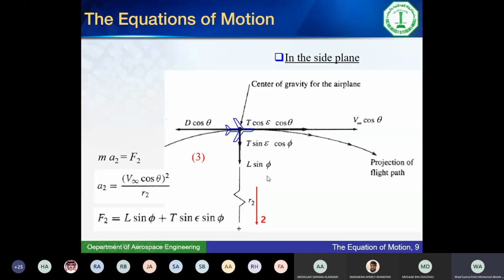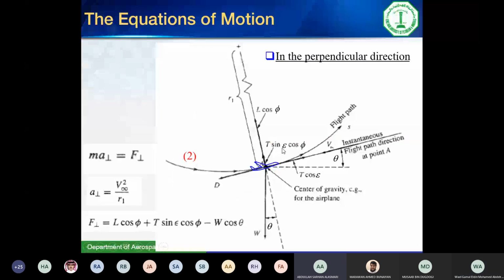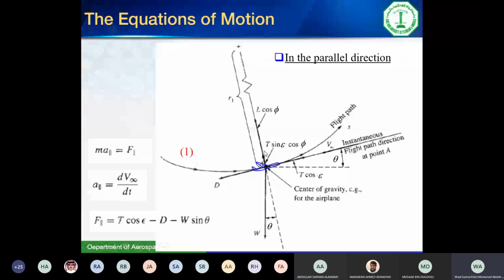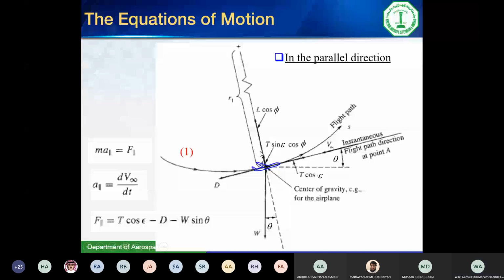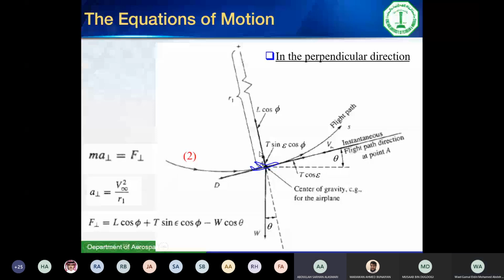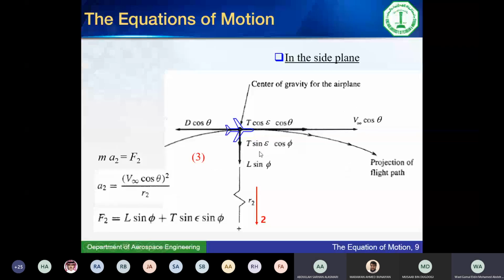You're saying, should T be only T cosine phi? No, T sine. It should be T sine if it's on the y direction. Let me look at which one you are talking about. Not this one, the other one, the one after number 2. Yes, this one. Okay.